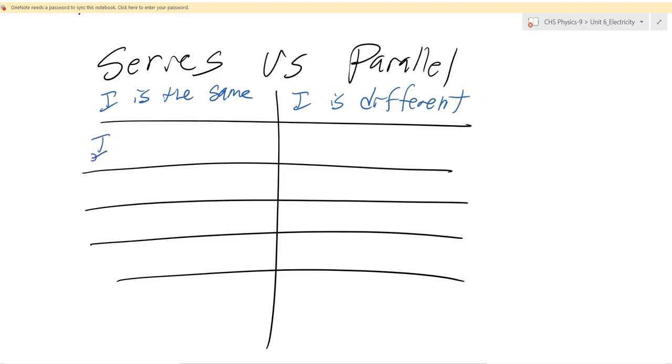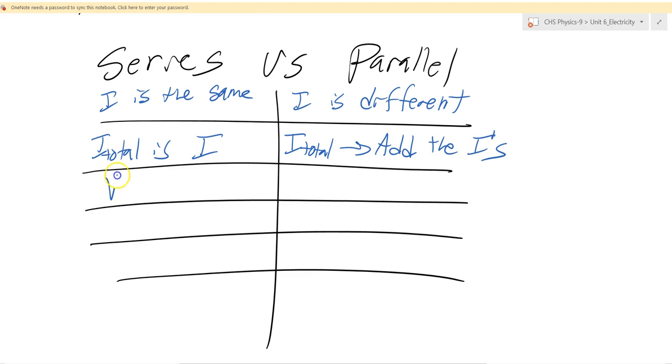For series, the I total is just I. And then for parallel, I total, add the I's. For series, voltage changes. For parallel, V is the same.